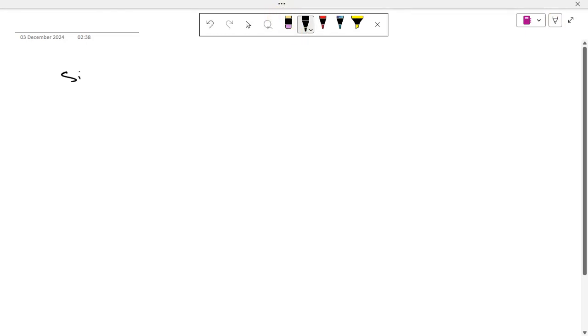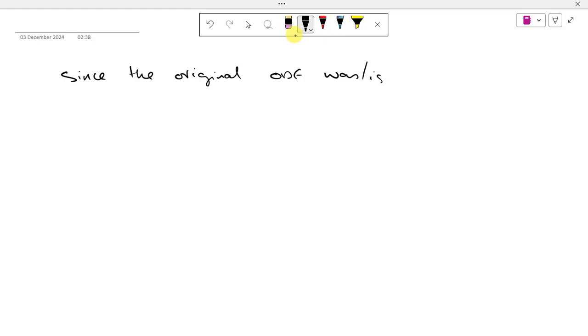So since the original ODE was x double dot plus 2kx x dot plus ax equals 0, and this is our equation 1, right? And I'm just double checking that.